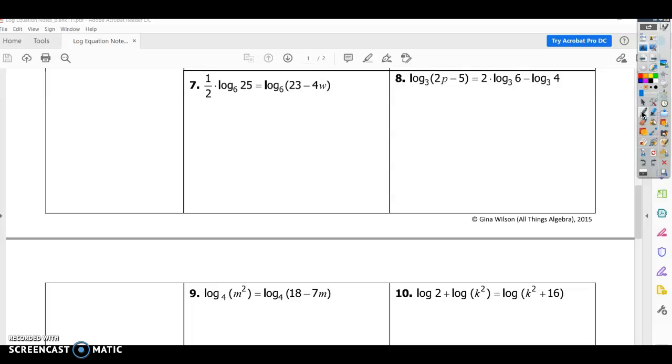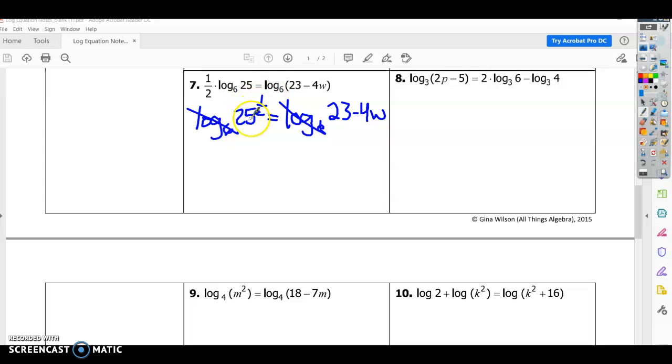All right, for number 7, we have 1/2 times log base 6 of 25, and we know that 1/2 becomes the power. So we have log base 6 of 25 to the 1/2 power. Remember that, now we can drop the bases. 25 to the 1/2 power.